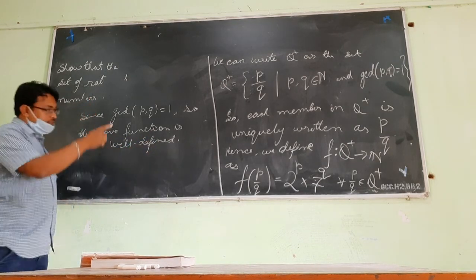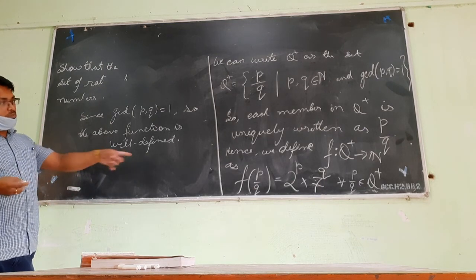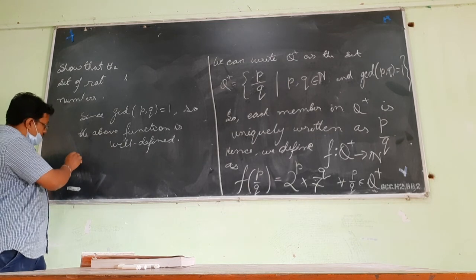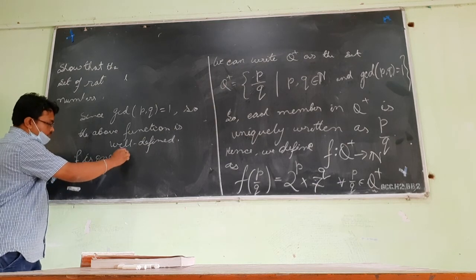Now I will show that this function is 1-1. We have already shown how to show this by the fundamental theorem of arithmetic. So f is 1-1.